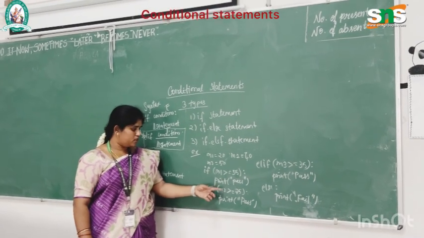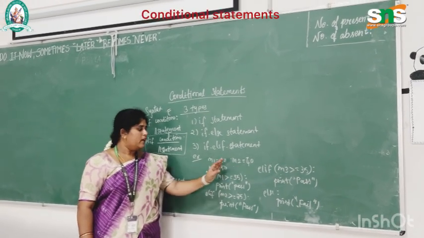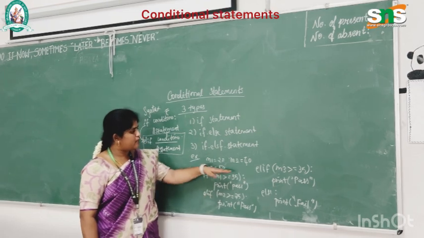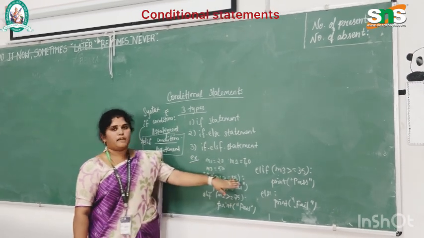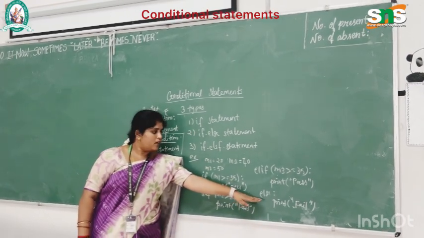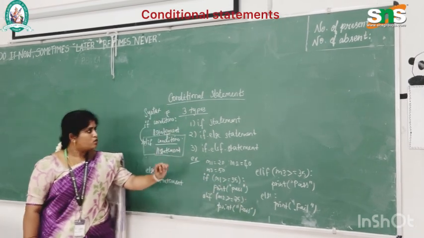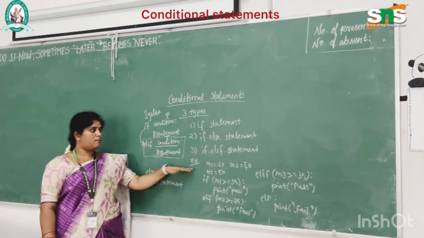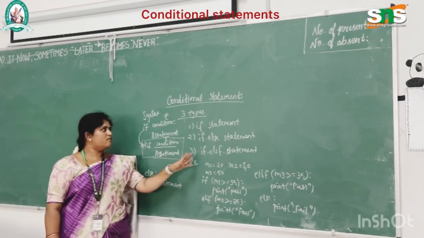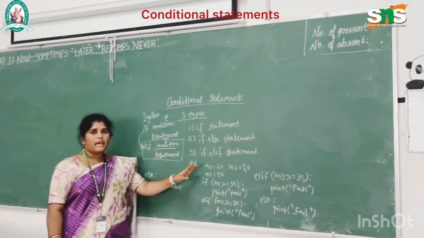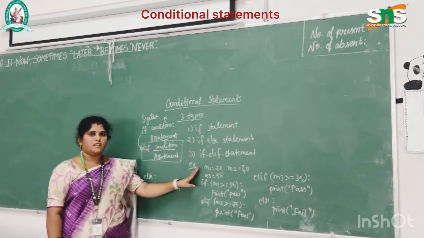Likewise I am checking M2 and M3. If it does not meet any of these three if statements, it directly falls into the else part, that is, display the message as a fail statement. So in this video we have discussed the if-elif statement with the syntax and also the example of student marks. Thank you.